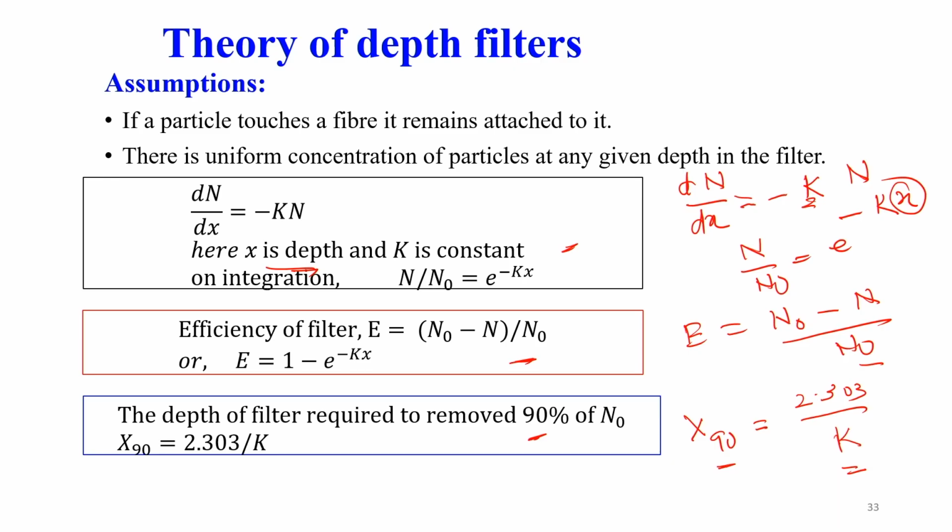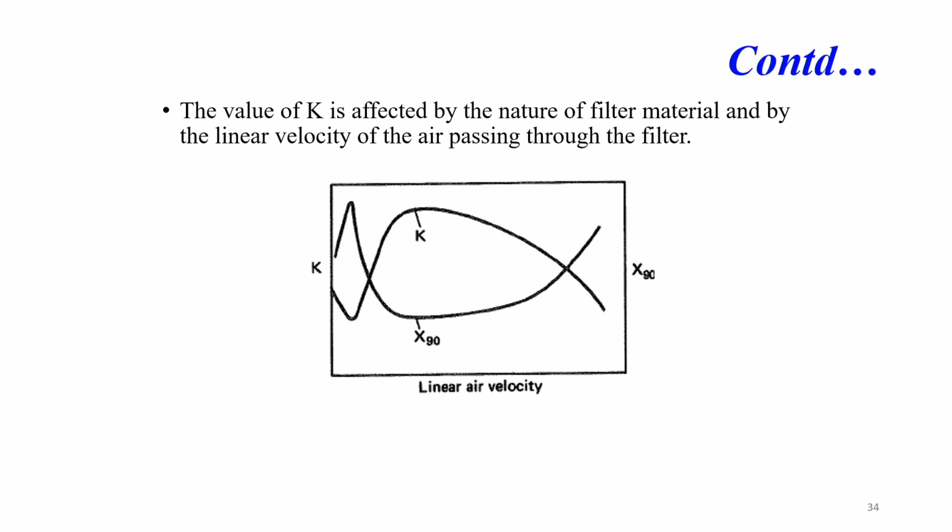The only difference is that time is replaced by thickness, and both K and x90 are dependent on the linear air velocity. So, we need to tune the air velocity in such a way as to have the maximum value of K and the minimum value of x90.